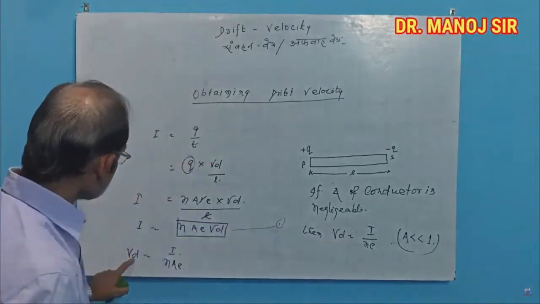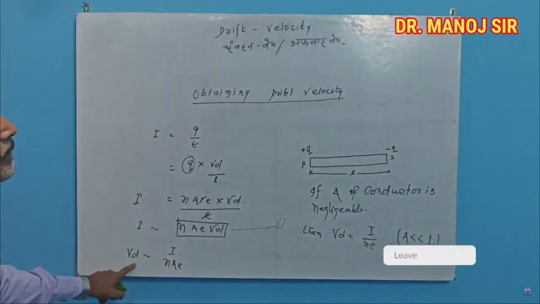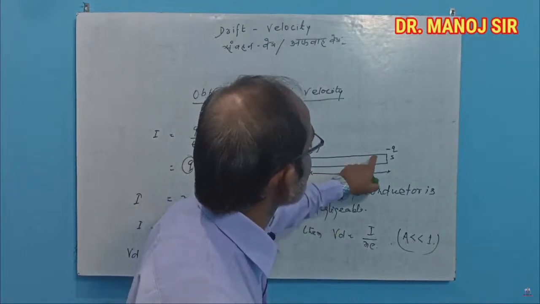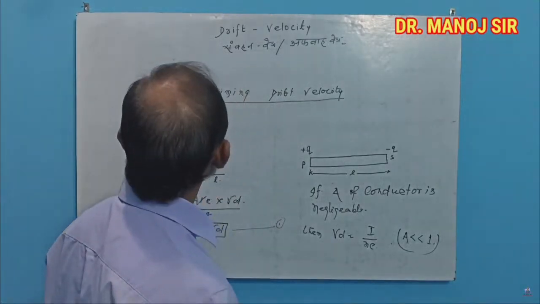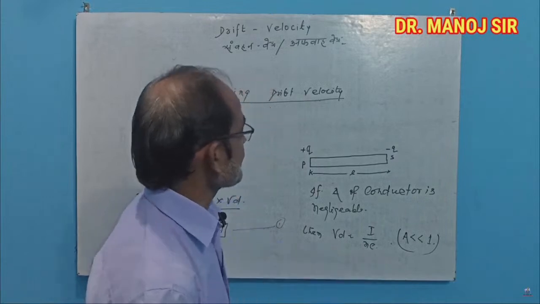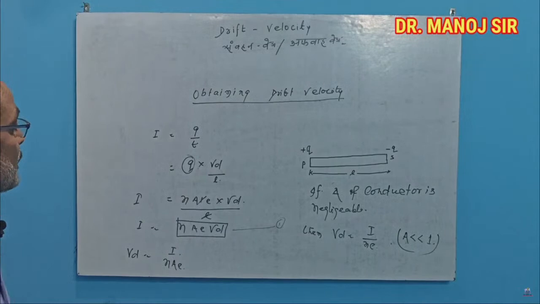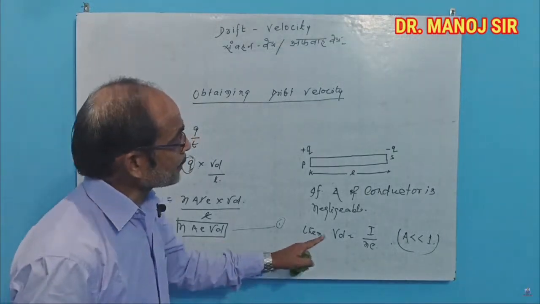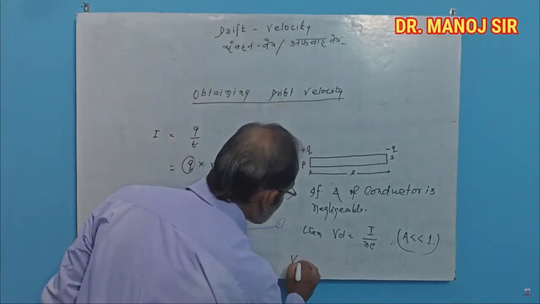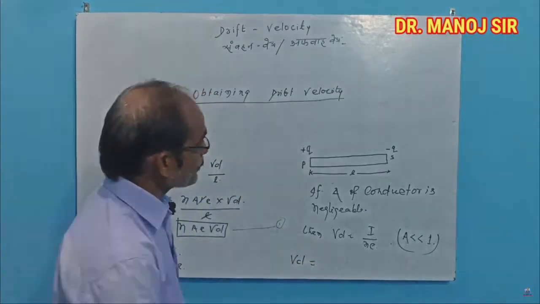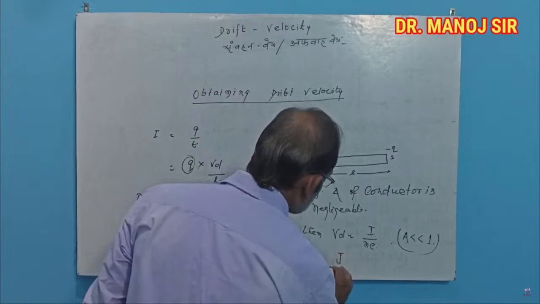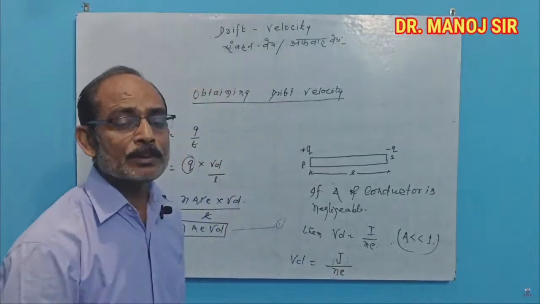ठीक है, तो आप कह सकते हैं कि किसी भी कंडक्टर की जो ड्रिफ्ट वेलोसिटी होती है वह उसमें प्रवाहित करंट और टोटल इलेक्ट्रॉन्स के संख्या के रेसिप्रोकल होते हैं. अतः हम बता सकते हैं कि if Vd equal to I by N e, then Vd equal to J upon N e, where what is the J?